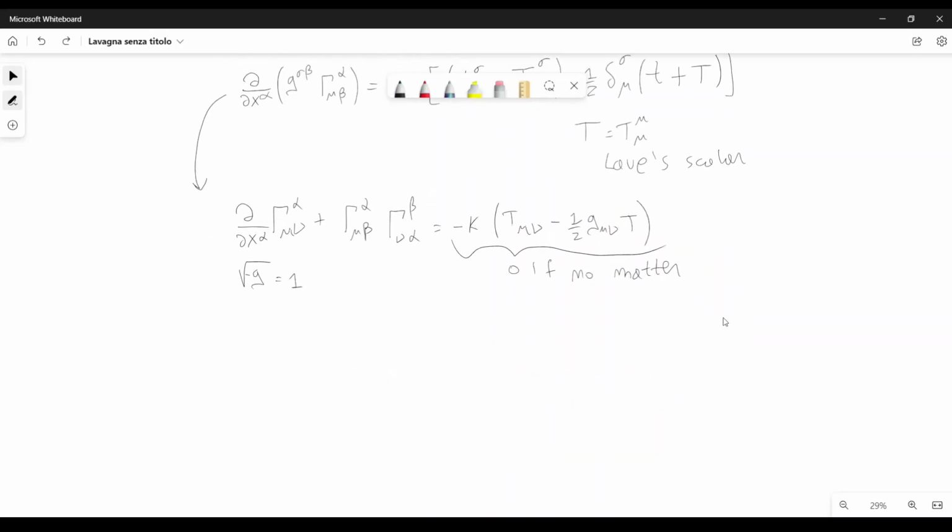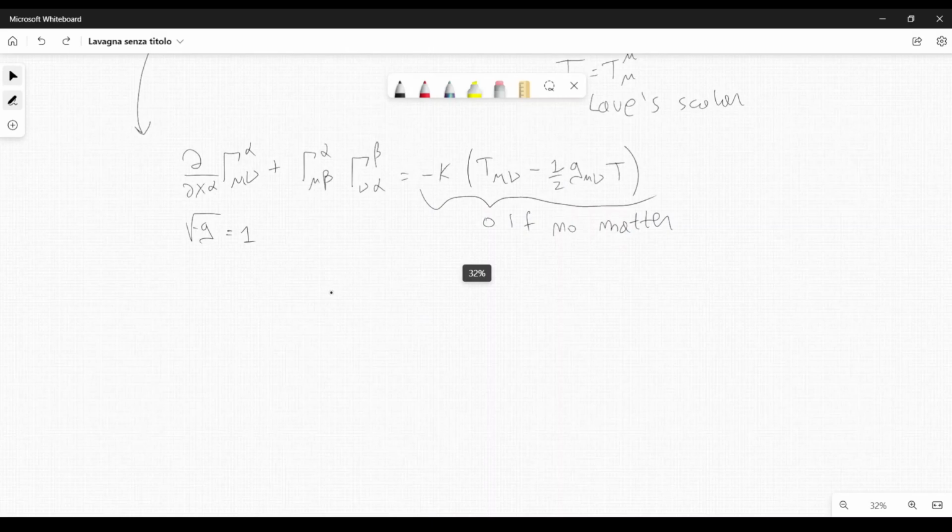And what we obtain is this. So contract the indices and multiply also by this tensor, 1 over 2 delta sigma mu.